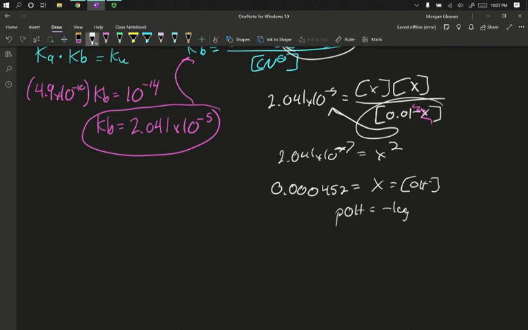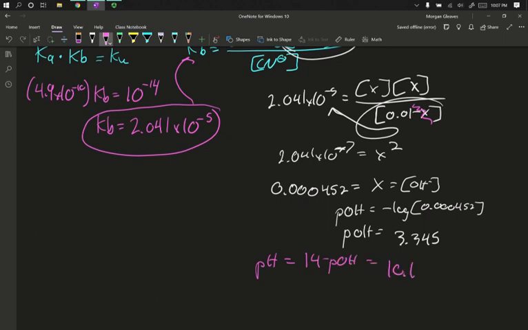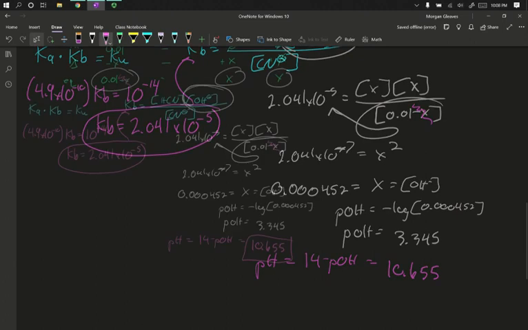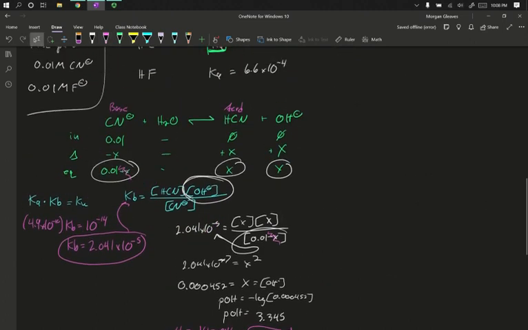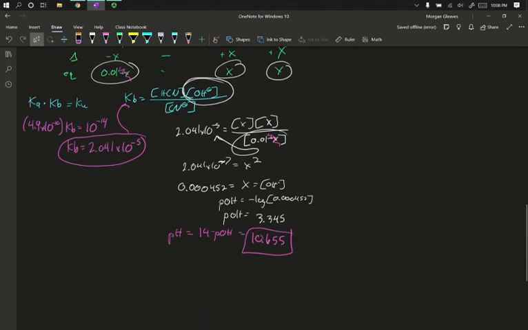It's going to be the negative log of 0.000452. Our pOH is 3.345, which means our pH for this solution, which is going to be 14 minus the pOH, is 10.655. A solution of 0.01 molar cyanide is going to have a pH of about 10.6.